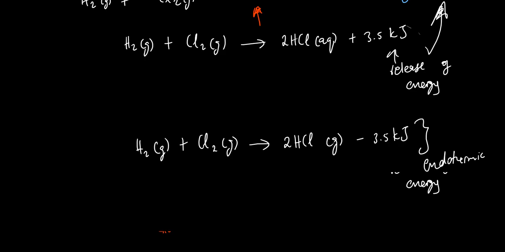But we are saying that because it is minus, you formed HCl, then you removed some energy from it, which means the system, the atmosphere is going to have less energy, which tells you that you are dealing with an endothermic reaction.